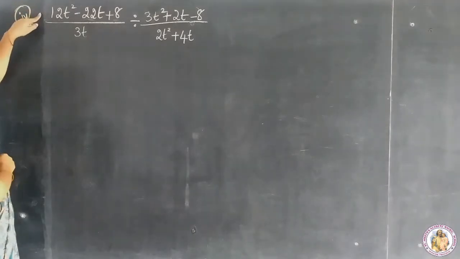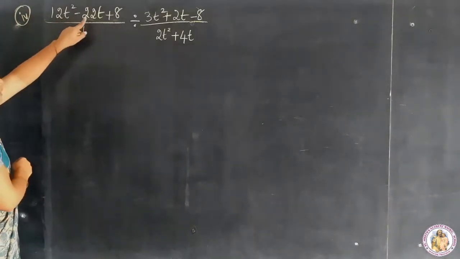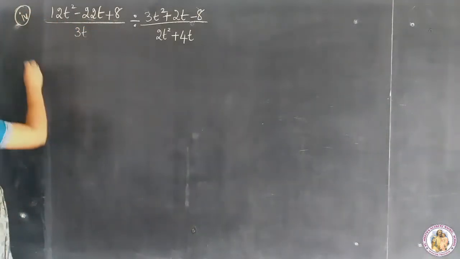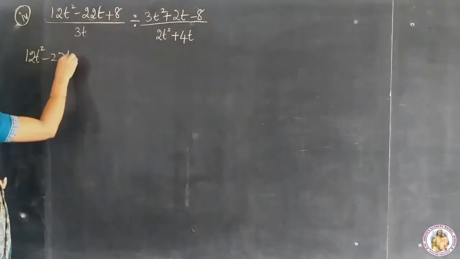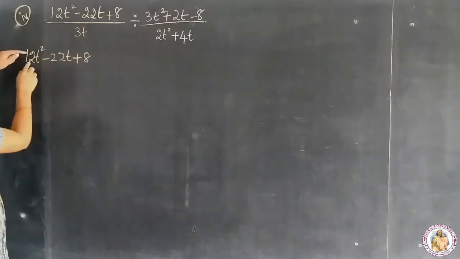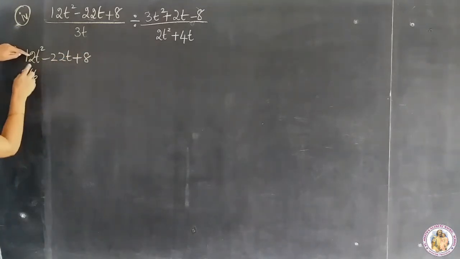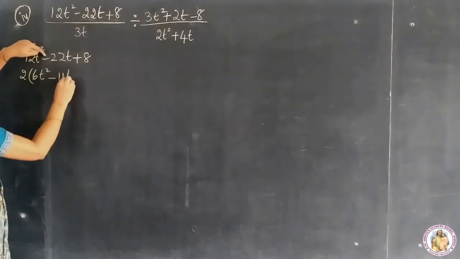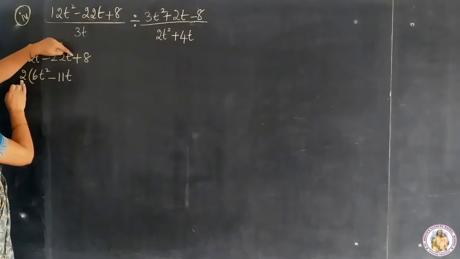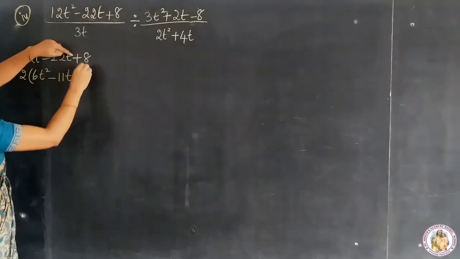Question number 4. 12t square minus 22t plus 8. Here we can see 2 as common. So 2 6s are 12, t square minus 2 11s are 22, plus 2 4s are 8.